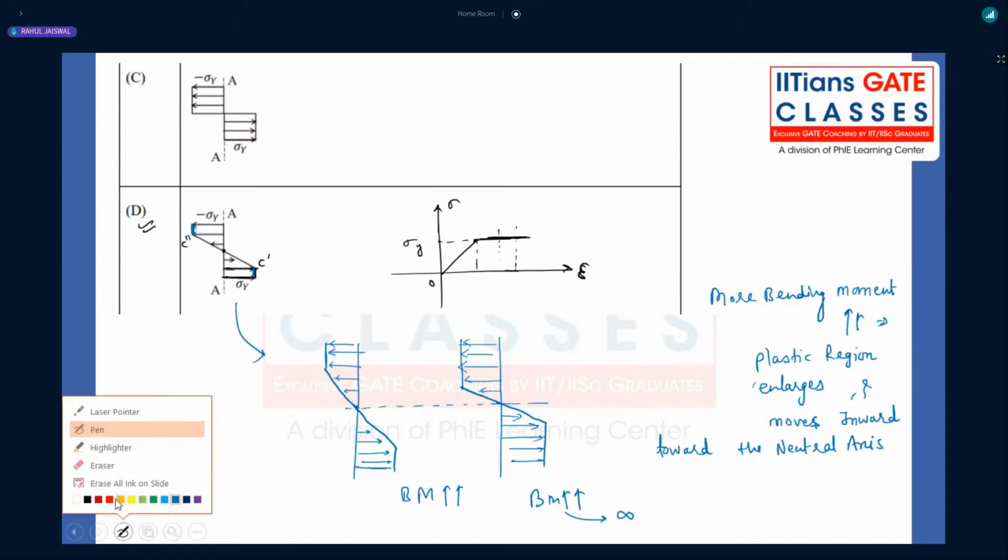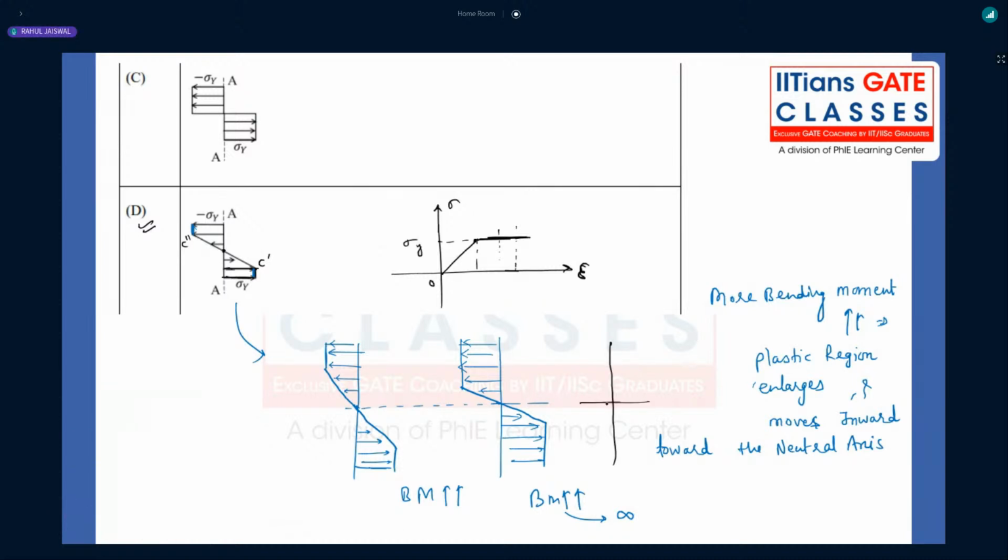You keep on applying the bending moment. In such a case, it is again very impossible to believe that the neutral fiber is also going to be deformed. Again, I'm saying there is no correlation with practical conditions. You can never have this condition in reality, but they just want the imagination from you. That's why they have given this question as an MSQ, right? So C will also be correct.